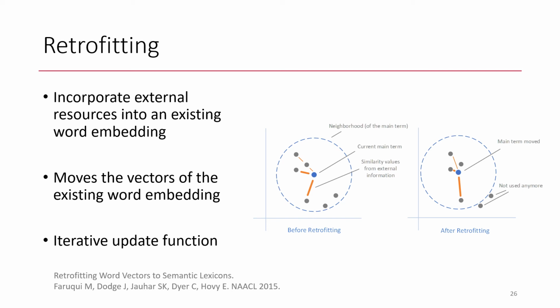So in this example here, you have two terms that are in this radius of neighborhood, but you don't want them there. The external resource tells you that they shouldn't be in your expansion. So if you apply retrofitting, you can move the word vectors a little bit away from them so that they're not in the radius anymore.